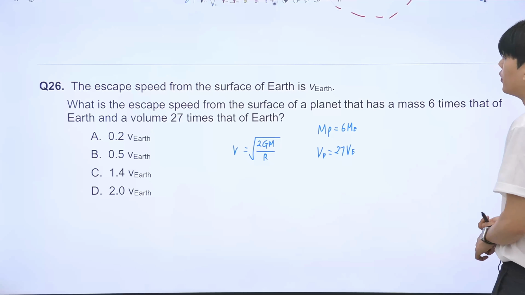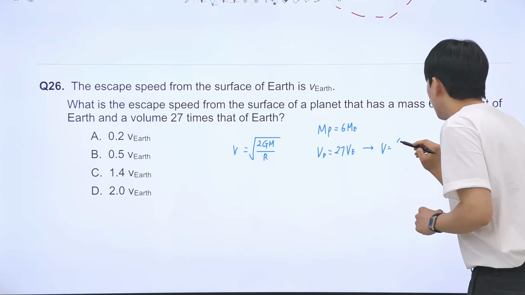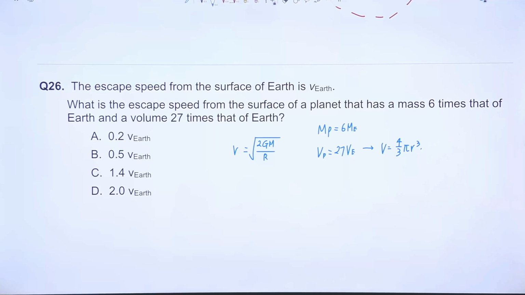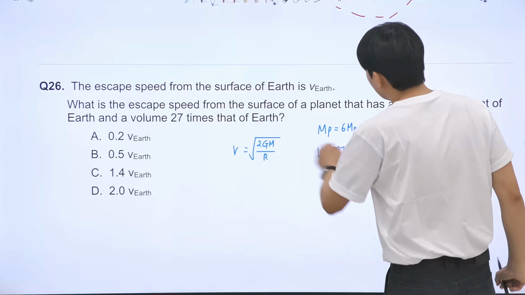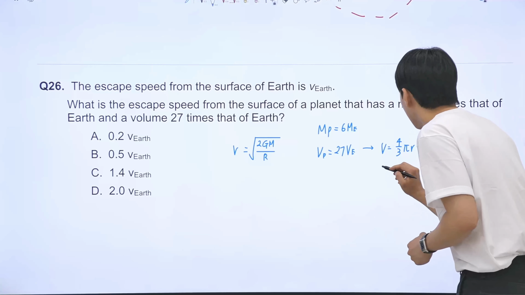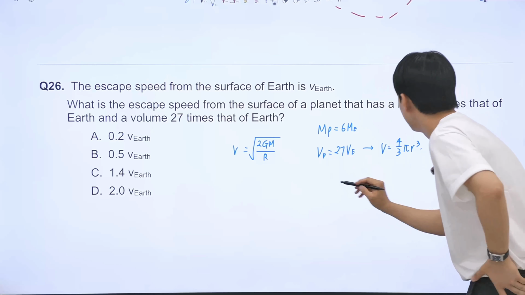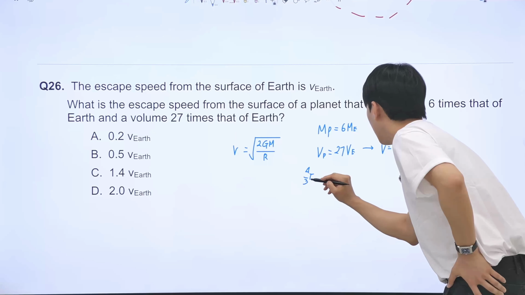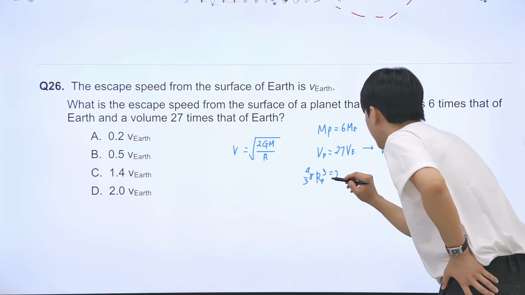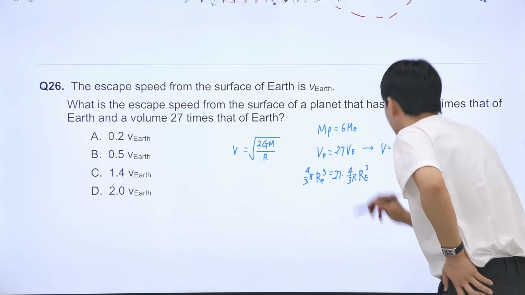So when we think about the volume, we should think of volume as 4 over 3 pi r cubed, right? So volume is directly connected with the radius r. In that case, we can always swap the volume for r. So, for the planet, 4 over 3 pi r P cubed equals 27 times 4 over 3 pi r Earth cubed.